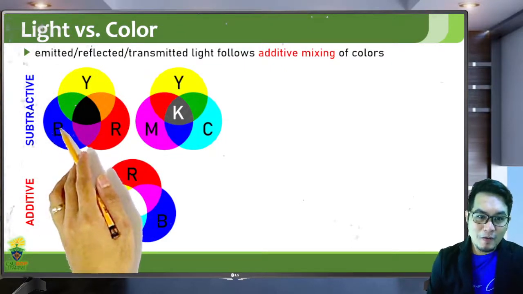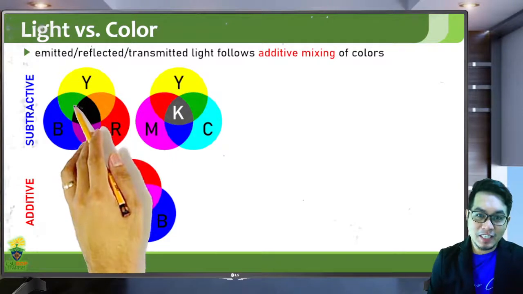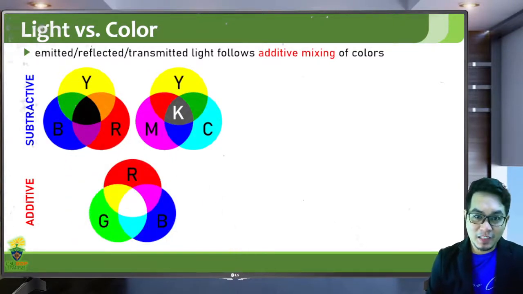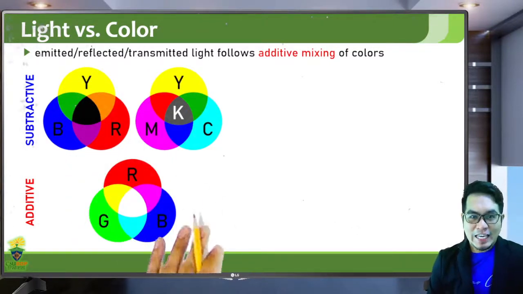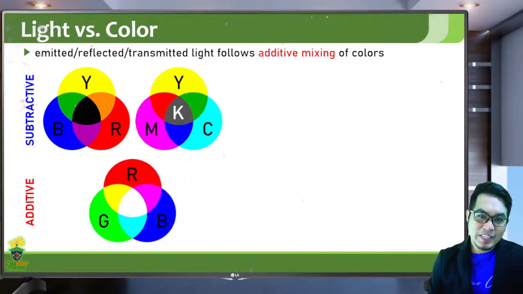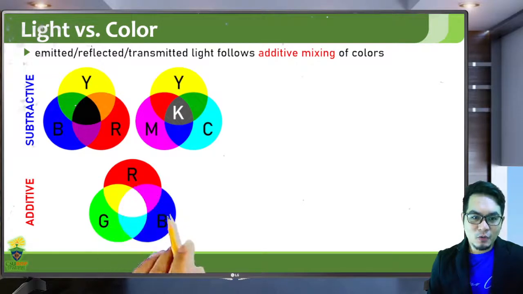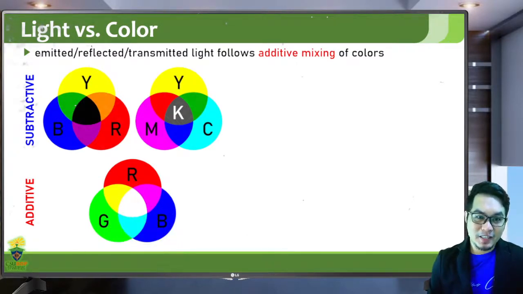So blue wavelength minus the yellow wavelength, you'll actually get the green wavelength. That's a subtractive mixing of colors. So in light, we use the RGB, the additive mixing of colors. So red and blue makes magenta. So magenta, cyan, and yellow are the secondary colors.